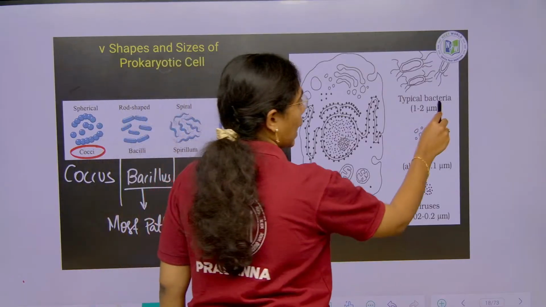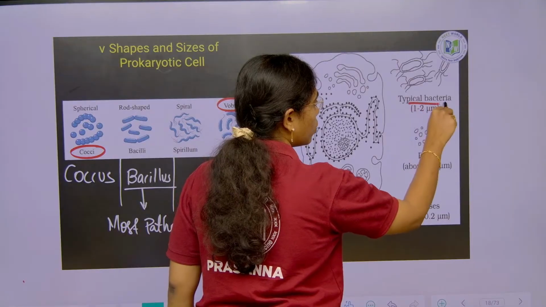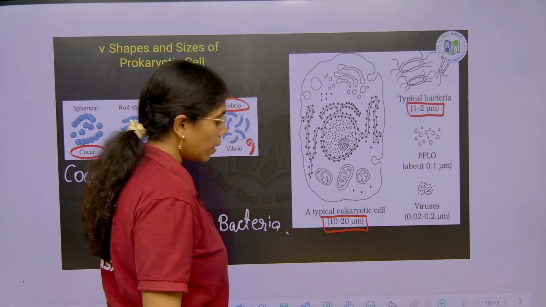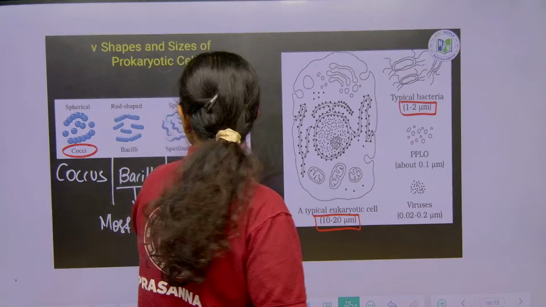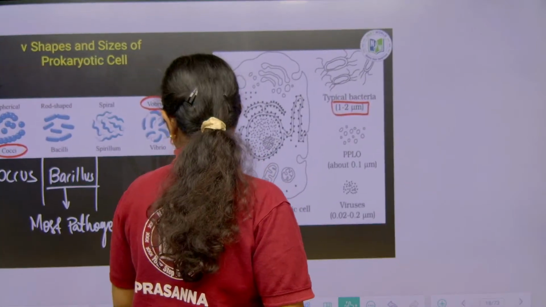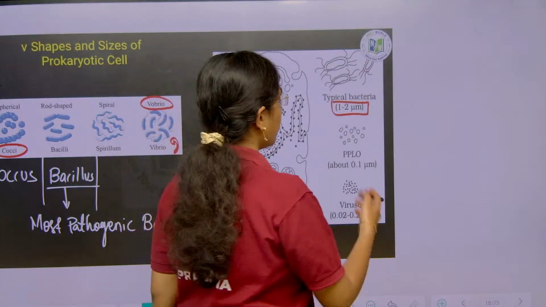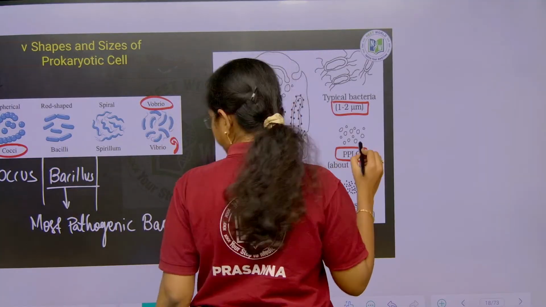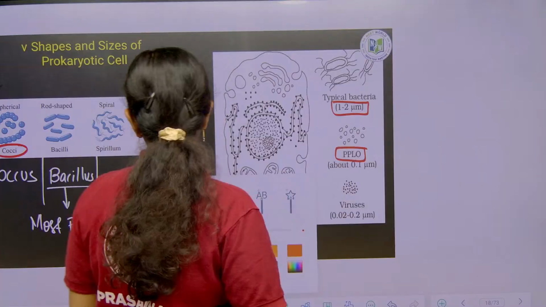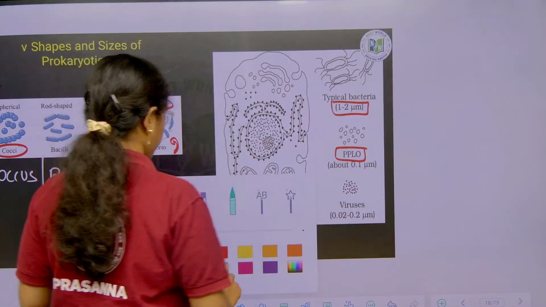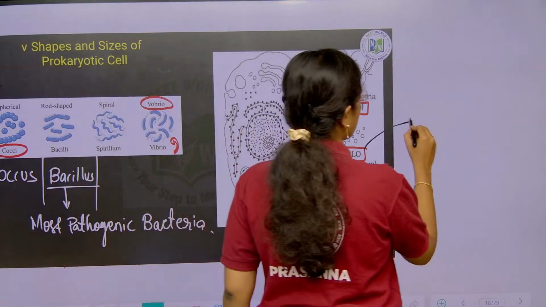A typical bacterium can be 1 to 2 micrometers in diameter. PPLO, which is known as pleuropneumonia like organisms, is a type of mycoplasma, right? PPLO is what? Pleuropneumonia like organisms.